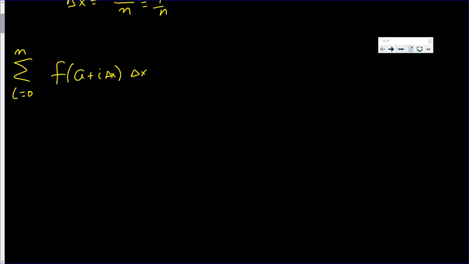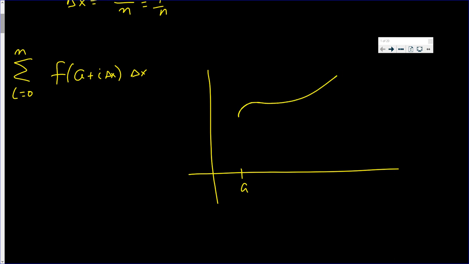What's happening is this. You have your function. Here's a. Now, first, i is 0. So it's f of just a, because 0 times delta x is 0.